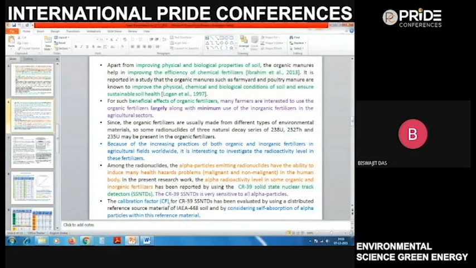For evaluating the calibration factor for CR39 SSNTDs, I have used the radioactive source material IAEA 448 soil, which is mainly a radium-226 source, and it is very well known. Radium-226 is a good alpha emitter, 100% alpha emitter. In evaluating the calibration factor, I have also considered the self-absorption of alpha particles within this reference sample.